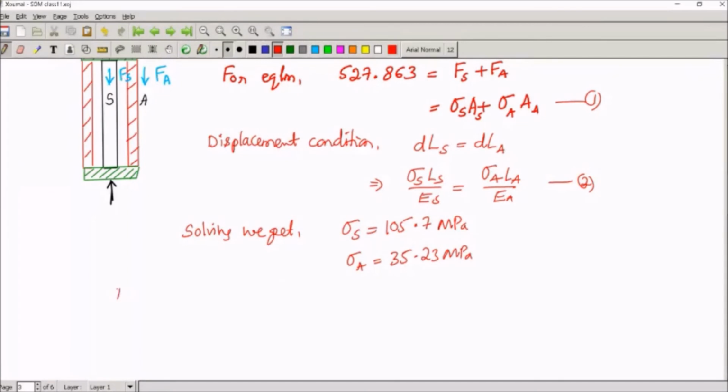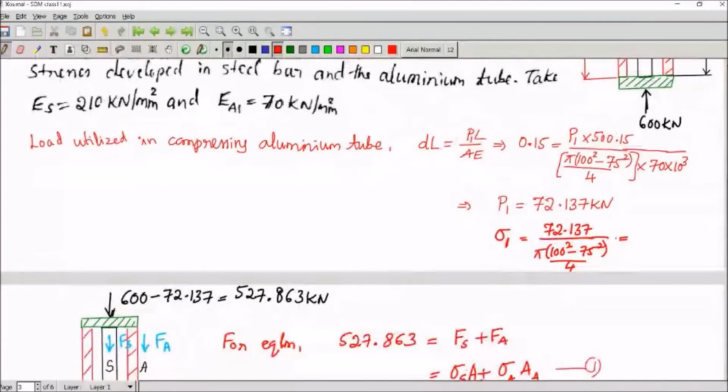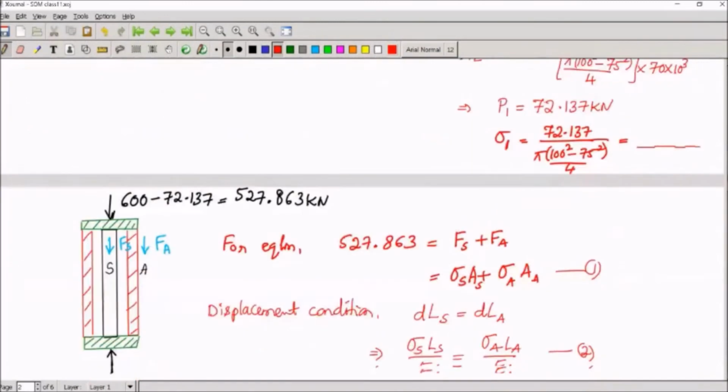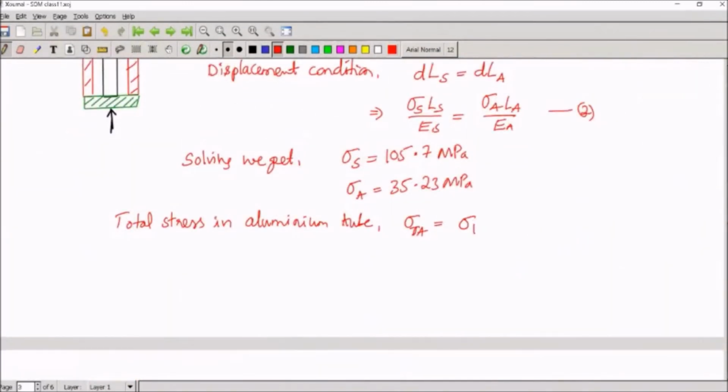And total stress in aluminum tube, I'll call it as sigma TA. T stands for total, A stands for aluminum. You have to add whatever you obtained in sigma 1 here. So it is sigma 1 plus sigma A, which will be 56.22 MPa.